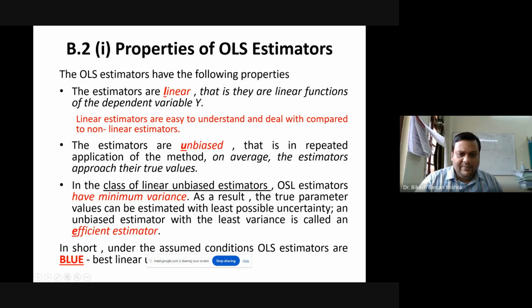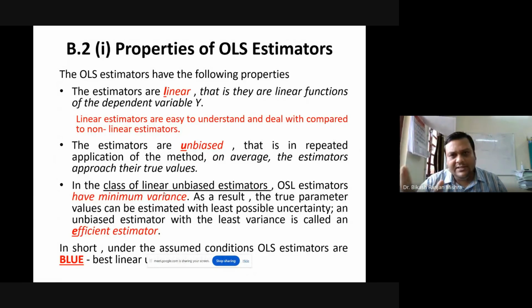The third point with respect to the class of linear unbiased estimators is that they should have minimum variance, because variance is an indicator of dispersion. Even if it is unbiased, if the spread of that arrangement is very large, then it will not be considered good.